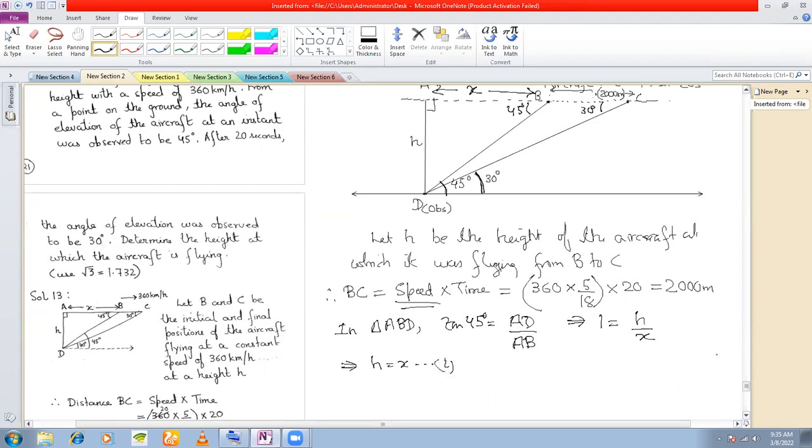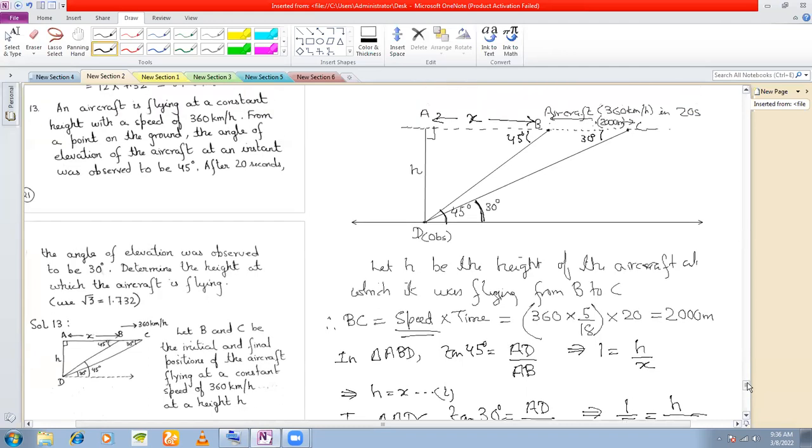Now we shall use the other triangle, which is triangle ADC. In ADC, we use tan 30 is equal to AD by AC. And tan 30 is 1 by root 3. AD is H. AC is X plus 2000.